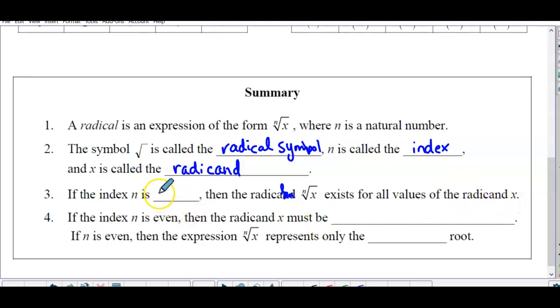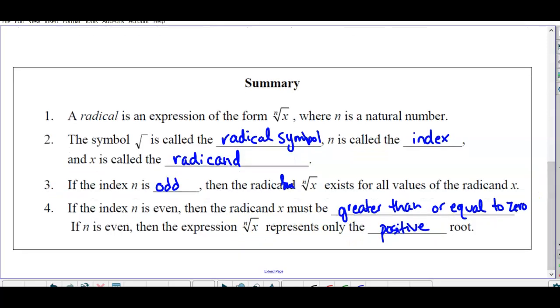That means for an odd index, you'll always be able to take the root, doesn't matter if x is positive or negative. If the index is even, then the radicand x must be greater than or equal to 0, because it can be 0 as well. If n is even, then the expression nth root of x represents only the positive root.